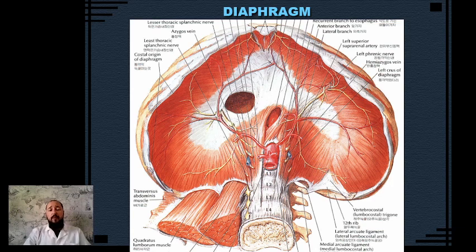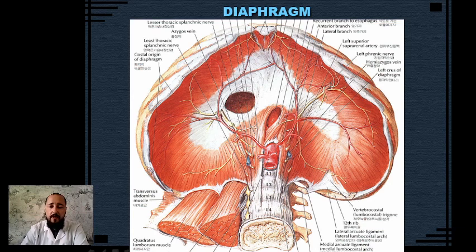There are many openings in the diaphragm. These openings are for different organs and big blood vessels. First of all, on the right side in the tendinous center, you can see a big opening. It is the opening for the vena cava inferior, the inferior vena cava.